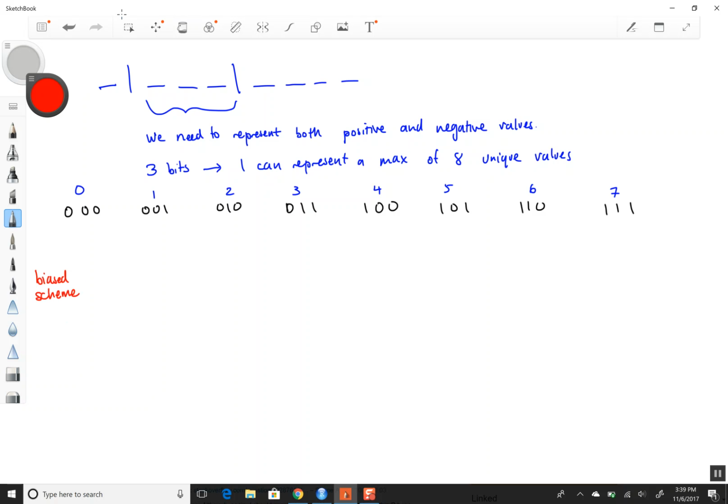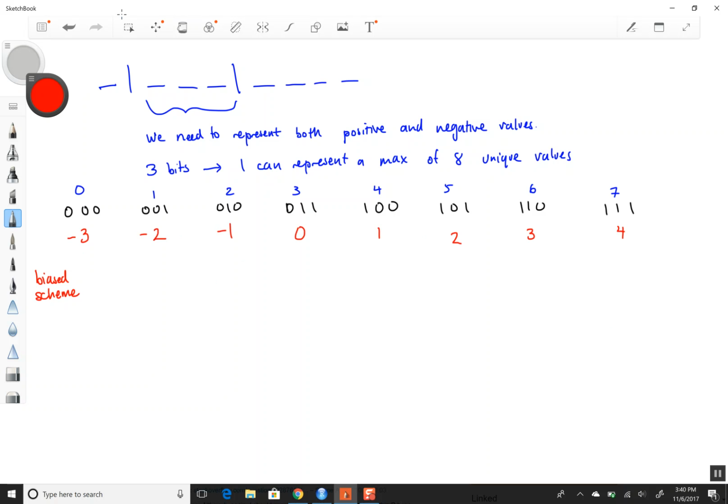We want about half of these numbers to be negative and half to be positive. So if I see 0, 0, 0, that's going to be -3. This will be -2, -1, and 0. And then this will be 1, 2, 3, and 4.